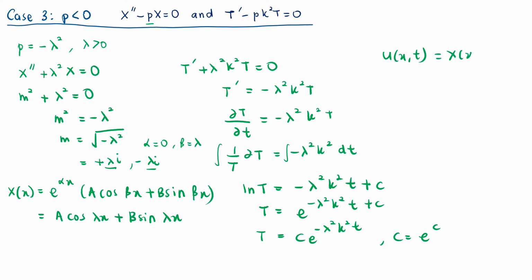Okay, now to get the solution of u(x,t) for case p less than 0, it is equal to X times T, where this becomes a cos lambda x plus b sine lambda x times c e to the power of negative lambda squared k squared t.